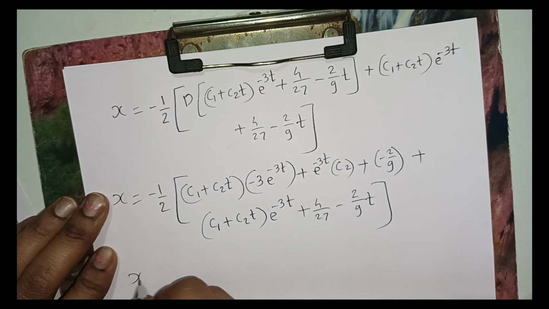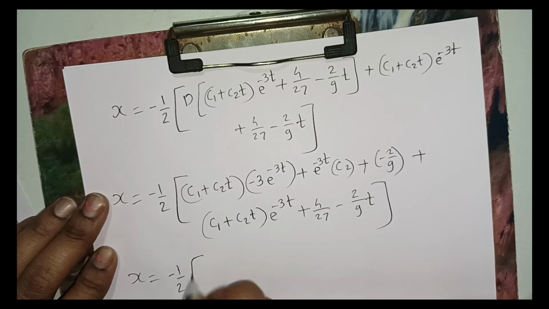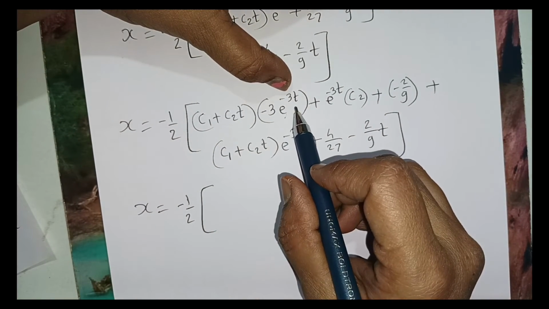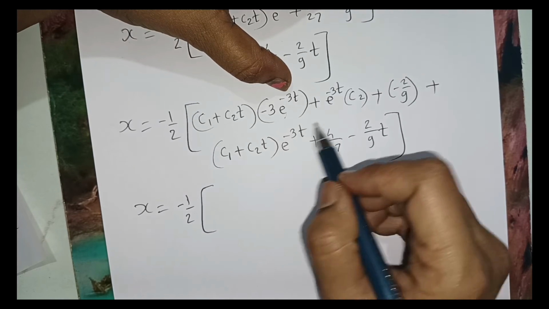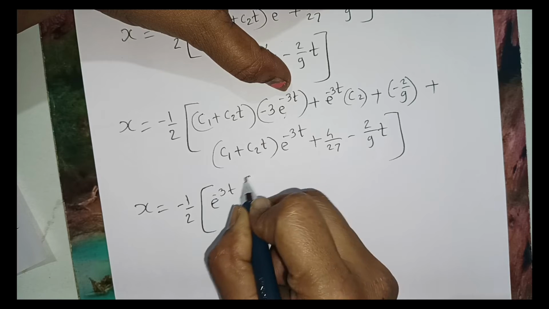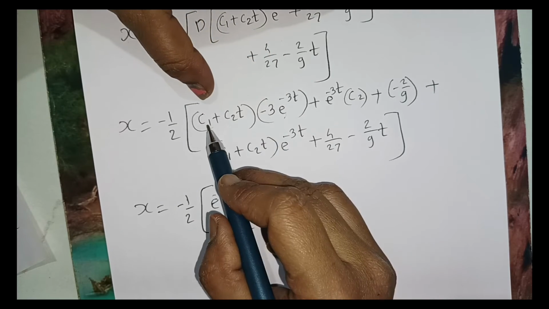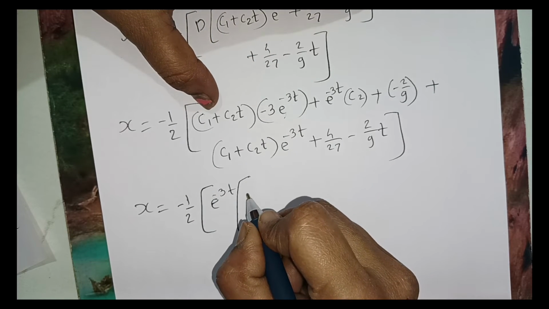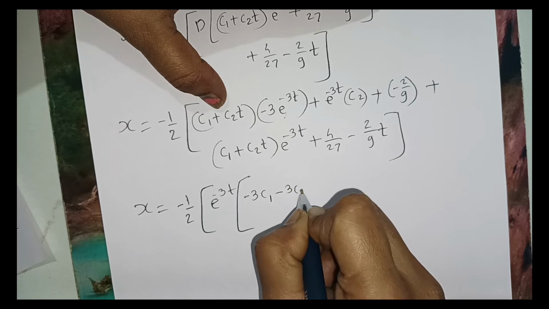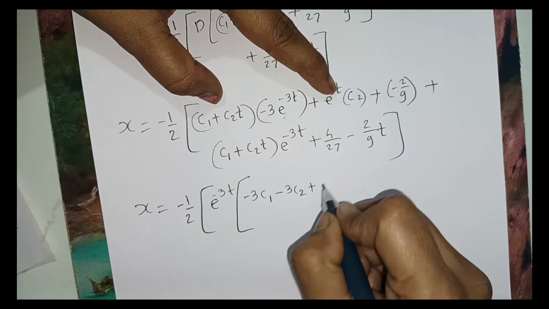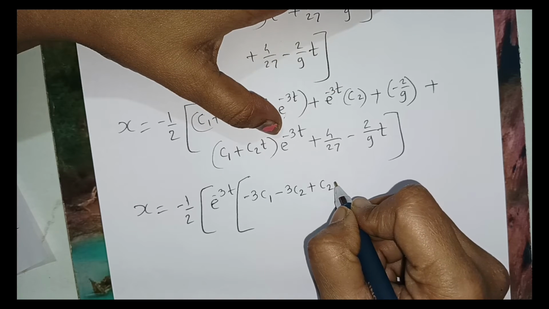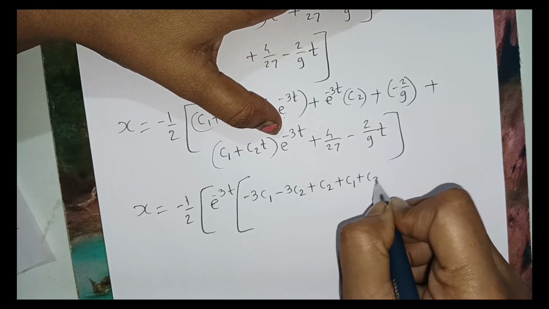Okay, so x is equal to, collect all like terms together. e raised to minus 3t is an exponential you have, so take the exponential common from all of the terms. So e raised to minus 3t into bracket, multiply this minus 3 inside, so minus 3c1 minus 3c2t here, this is c2, and this is plus c1 plus c2t.